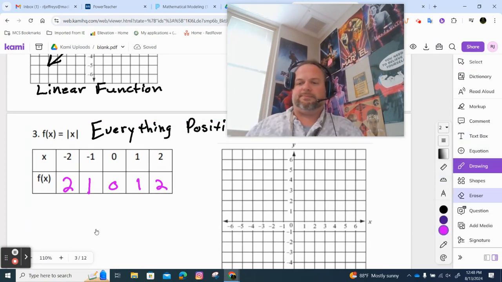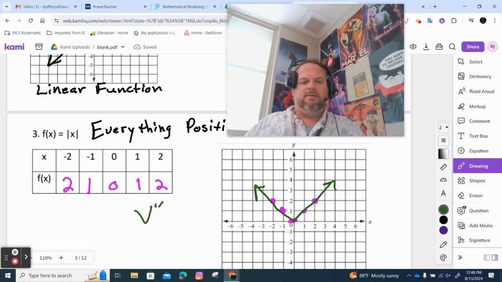Now, dots, dots, more dots. All right. So this one has a V shape.